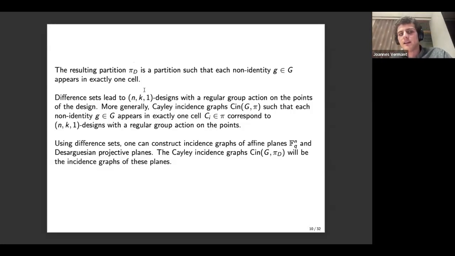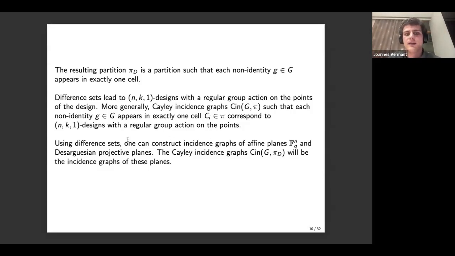And in fact, these difference sets give you the NK1 designs with regular group actions on the points. More generally, when you have a Cayley incidence graph such that each non-identity element g appears in exactly one cell, this corresponds to NK1 designs with regular group action on the points.